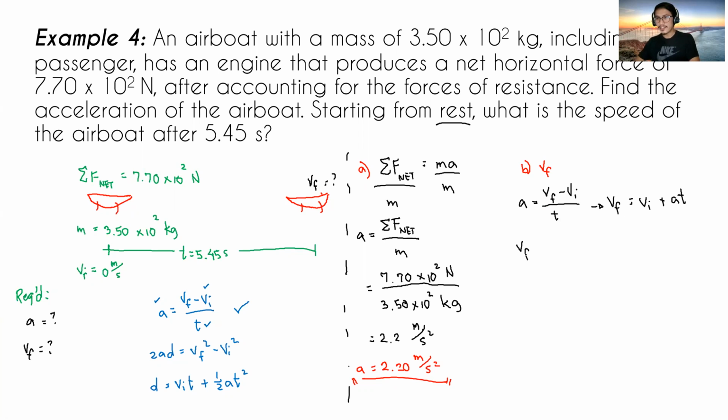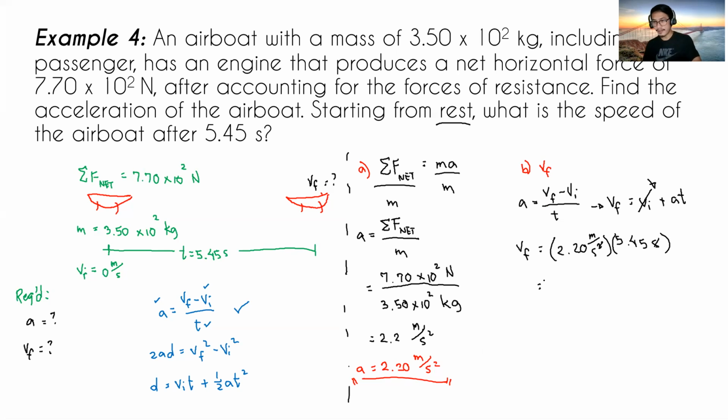So we have final velocity is equal to, what is our initial velocity? Our initial velocity is 0, so that can be disregarded. Acceleration is 2.20 meters per second squared times our time, 5.45 seconds. The seconds cancel. So our final velocity is 2.20 times 5.45.